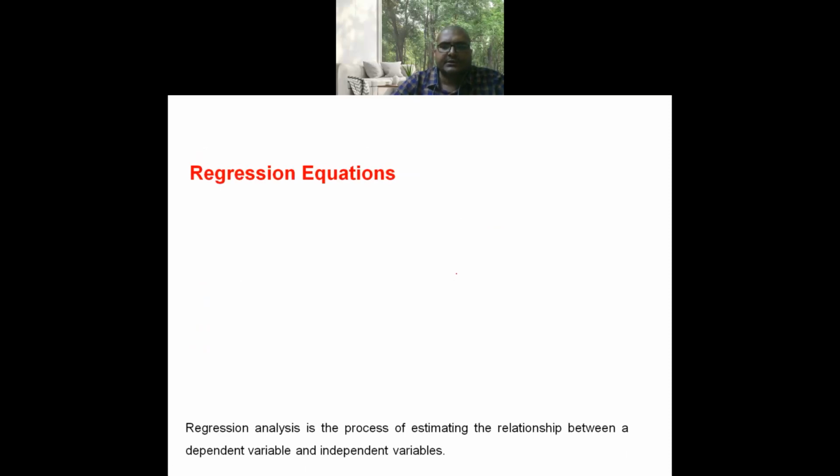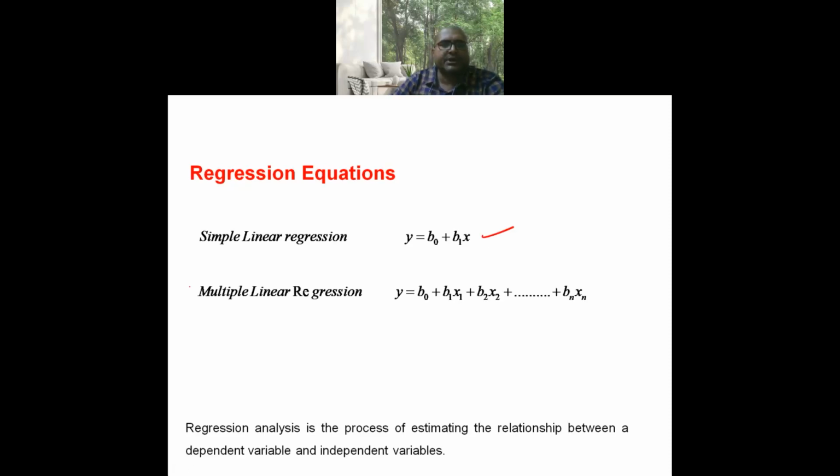Regression equation. For simple linear regression, the equation is y is equal to b naught plus b1 x. For multiple linear regression, the equation is y is equal to b naught plus b1 x1 plus b2 x2 and so on up to bn xn.